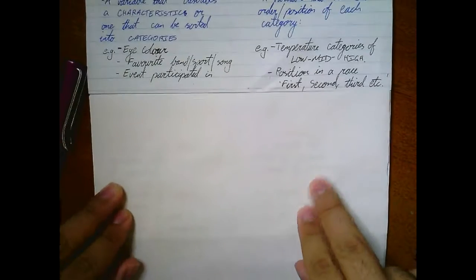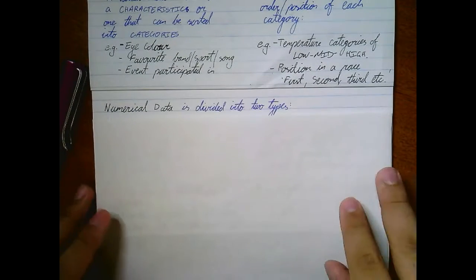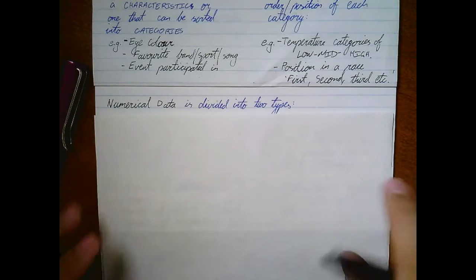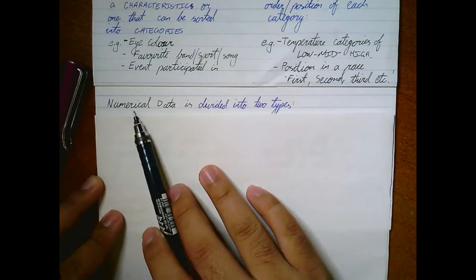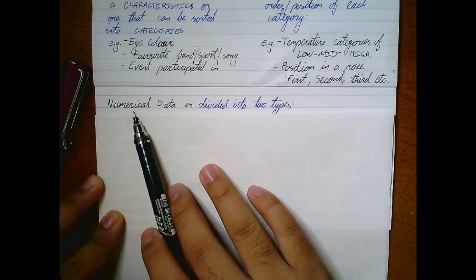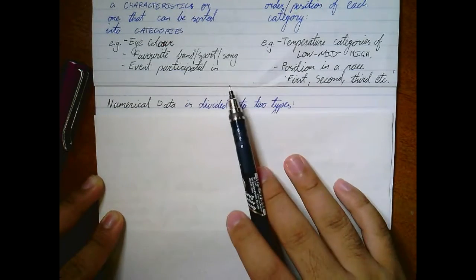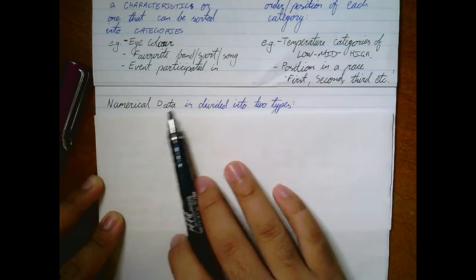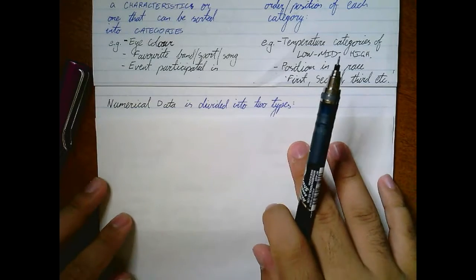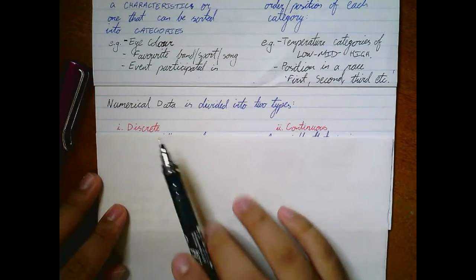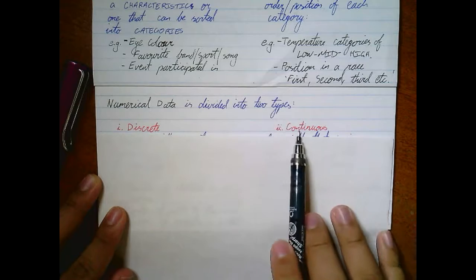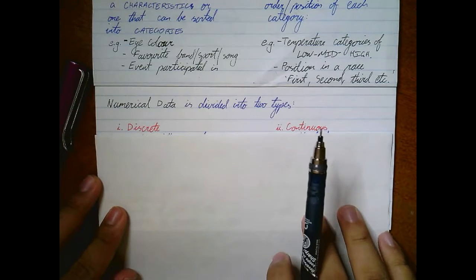Okay, then the other type is numerical, and as the name suggests, these involve numbers. Just as with categorical data, numerical data is divided into two types. We have discrete and continuous.